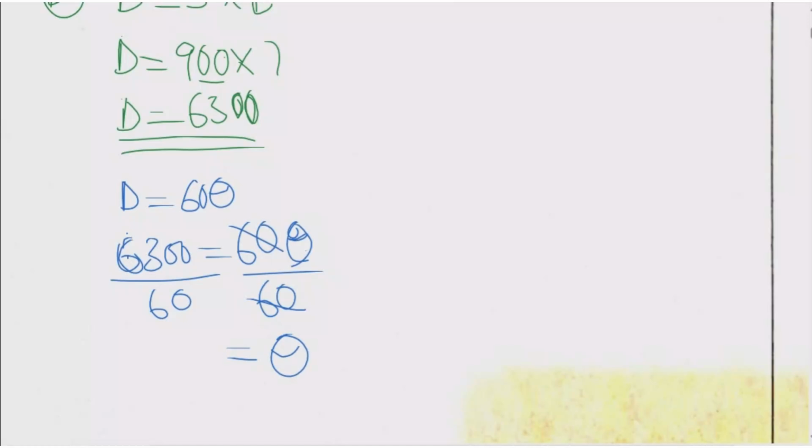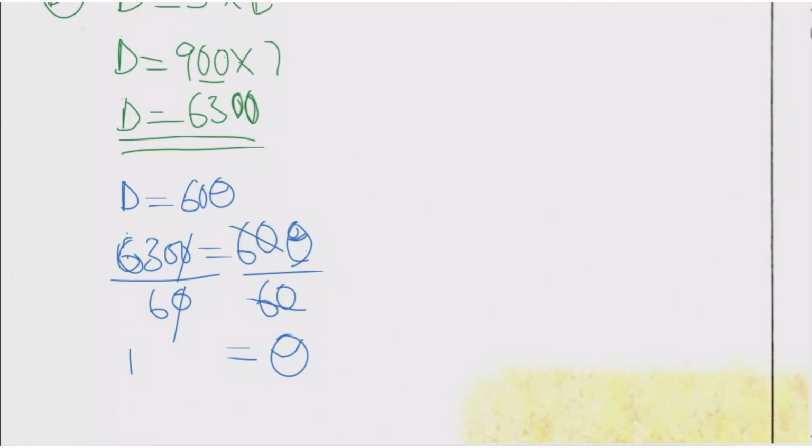Once we remain with theta like that, the next thing is to divide the numbers on the left. The zero and zero cancel each other out. Then 6 into 6 goes one time. Let me say 6 into 600 goes 100 times. 6 into 30 goes 5 times.